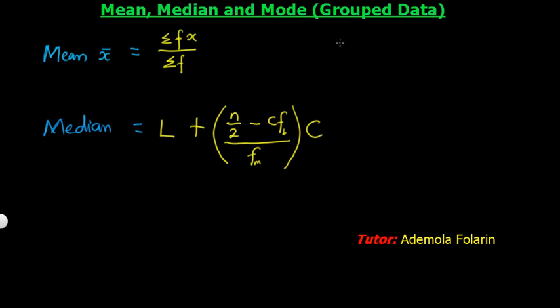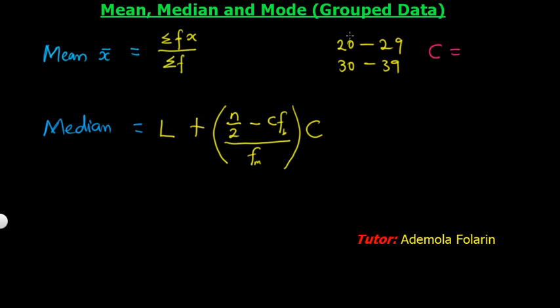Remember, if the class size is 20 to 29, 30 to 39. So to determine the class size for this given class, the class size C will be equal to the number of values covered here.